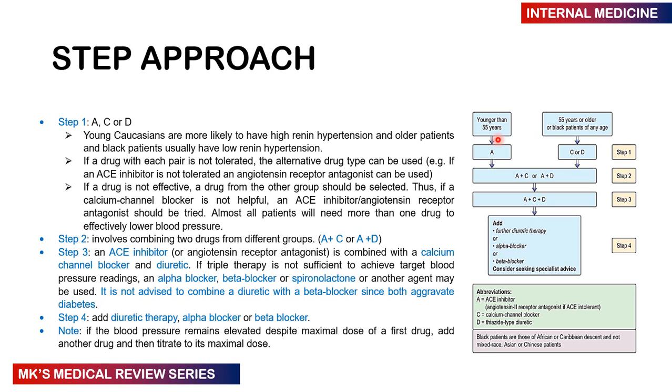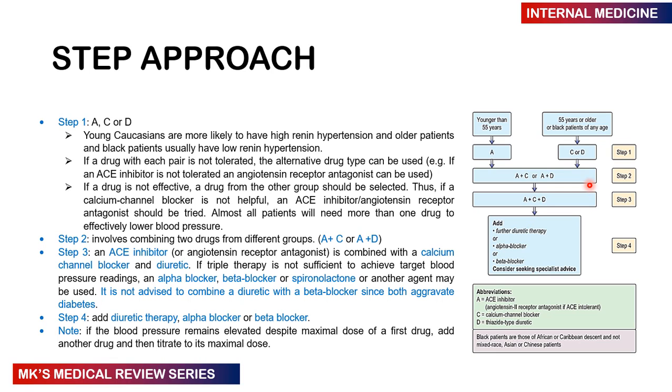Black patients usually have low levels of renin, so they don't respond so well to the ACE inhibitors unless they're combined with diuretics. Then if they're not able to tolerate the ACE inhibitors, we can actually substitute with an angiotensin receptor blocker. Alternatively, if they are 55 years or older or they are Black individuals of any age, we usually start them on either a calcium channel blocker, which is a non-cardioselective one, or a diuretic.